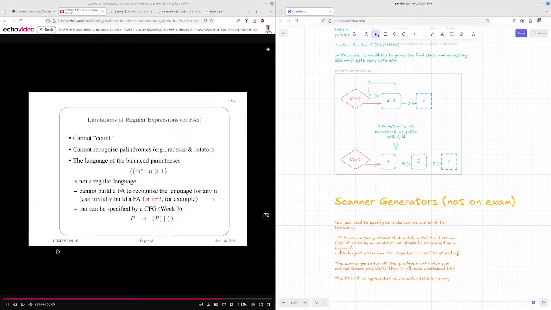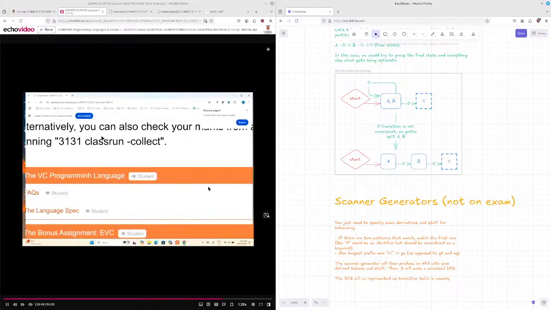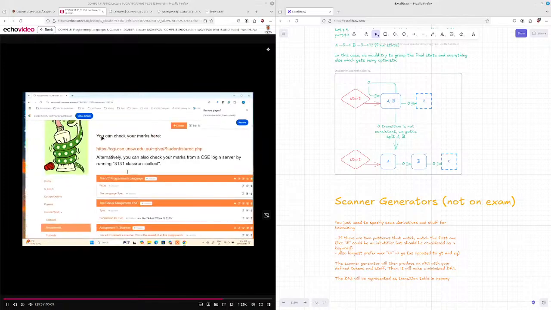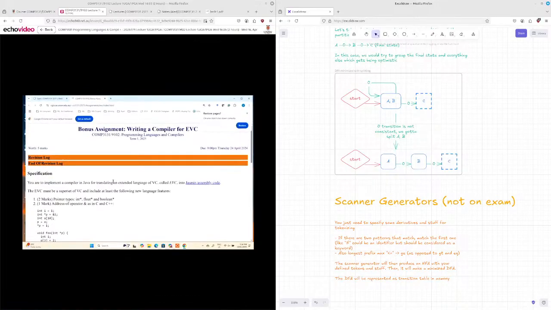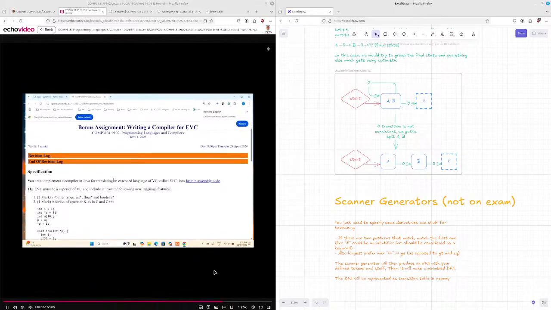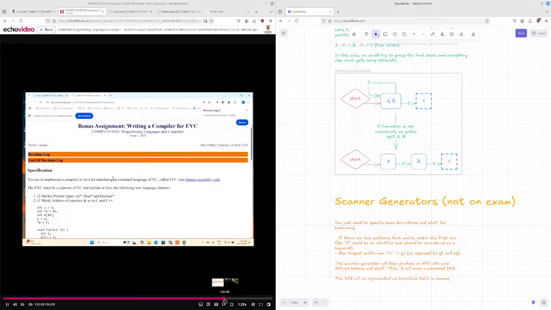And something I would like to say here. There is a bonus assignment. If you want to do it, you can do it. The bonus assignment I mentioned in the first lecture has 5 marks, but the 5 marks are added on top of your existing marks.